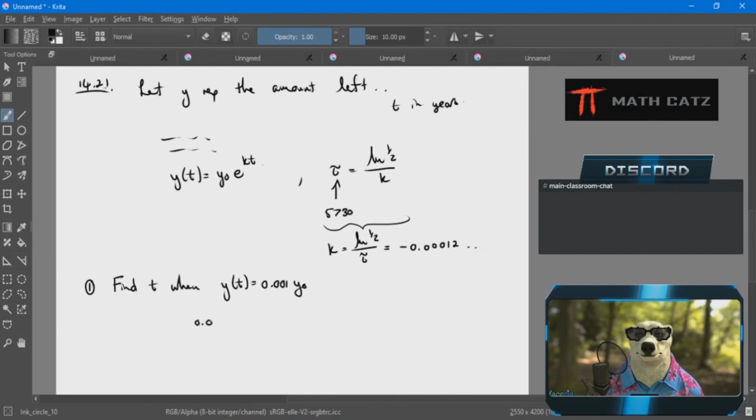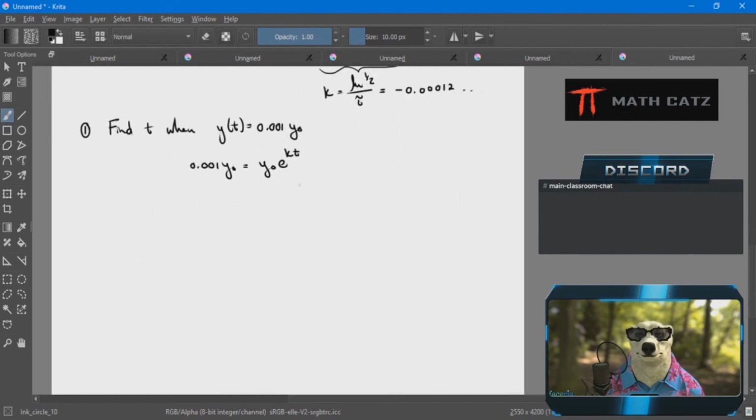So that means 0.001 of y0 is y0 e to the kt. I want t, and I have k. And again, I see I don't need the initial amount. e to the kt is 0.001.